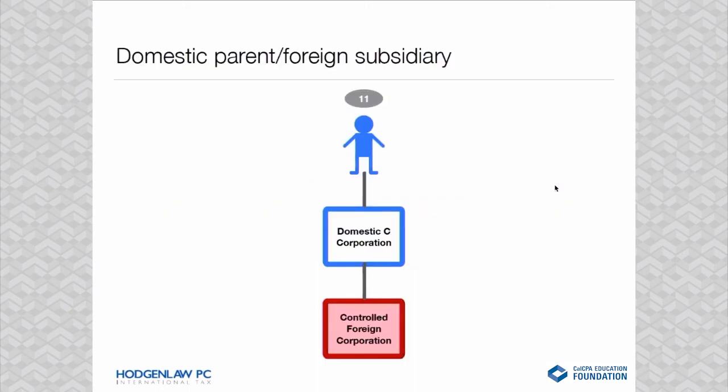So let's look at how the numbers roll through. The domestic parent, foreign corporation, we're thinking of the controlled foreign corporation as the operating entity. The domestic C corporation is a pure holdco.